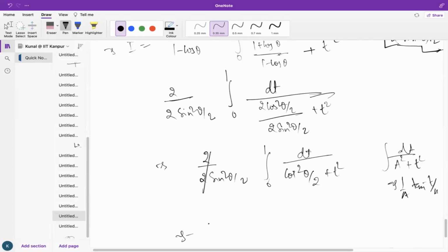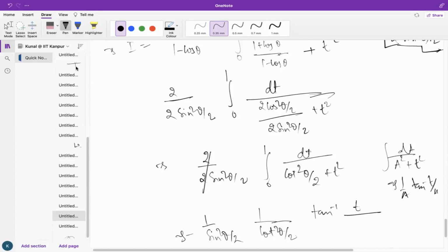So just write here: it will be 1 by sine squared theta by 2, and then 1 by a, where a is cot theta by 2, and then tan inverse of t by cot theta by 2.